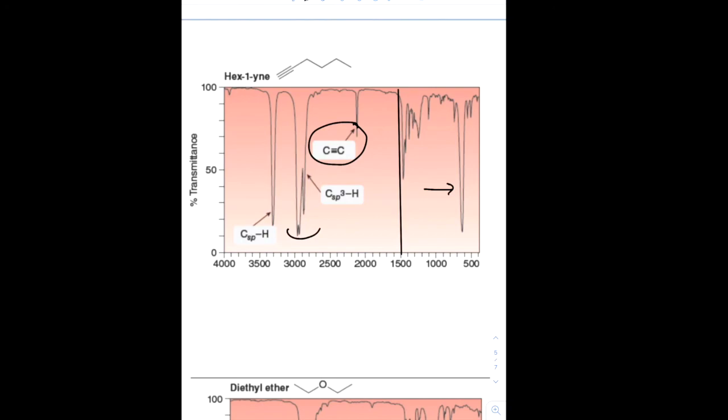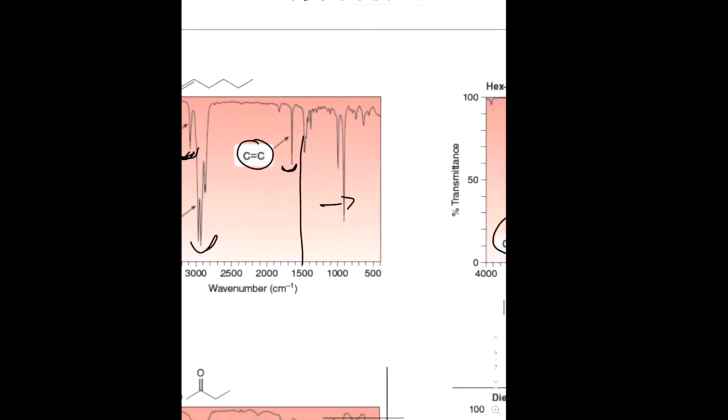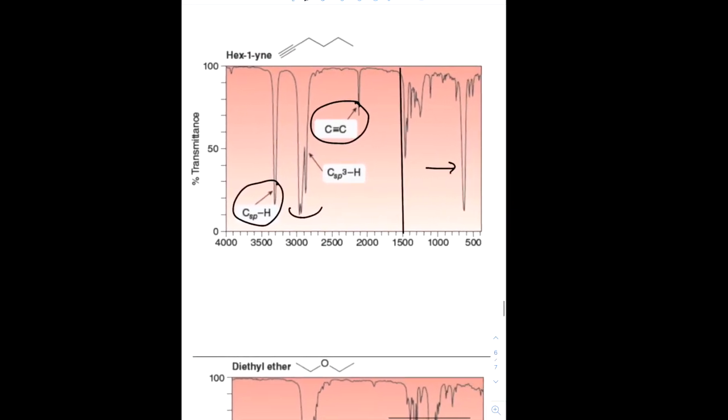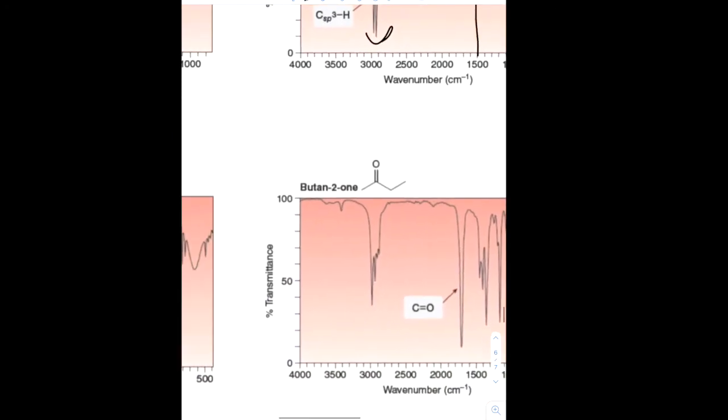We pretty much still have the Csp3-H's there, and in addition to that, we also have a really strong absorption for Csp-H. Now it's also a little bit further increase in the wave numbers compared to the Csp2-H, right? And this is again because of the increased s character of that carbon, and therefore a stronger C-H bond.